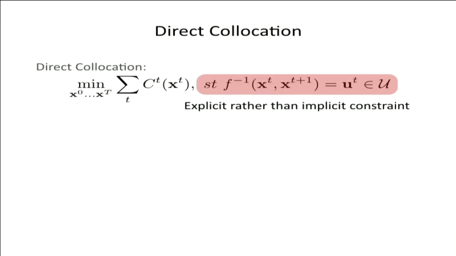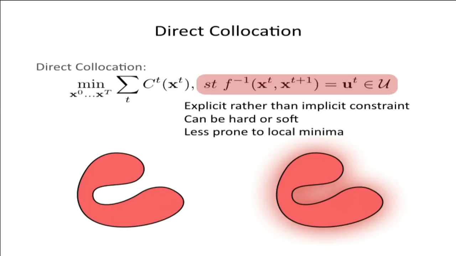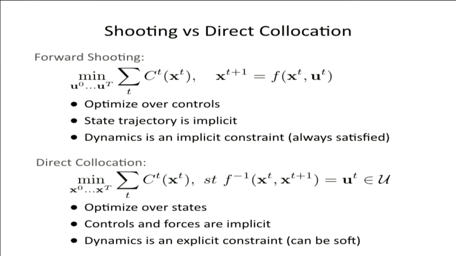But the big advantage is that now the satisfaction of dynamics is an explicit rather than an implicit constraint on your space of trajectories. And it can be a hard constraint, but it can also be made a soft constraint. So you can have a feasible region that is more like an energy function, and you could be less prone to local minima, as we'll see later.